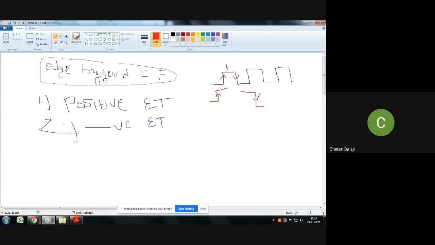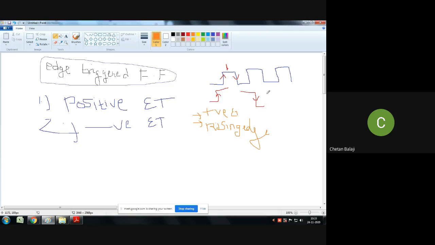This is called positive edge triggered, or also rising edge. Rising means it is going from 0 to 1, that is rising edge.